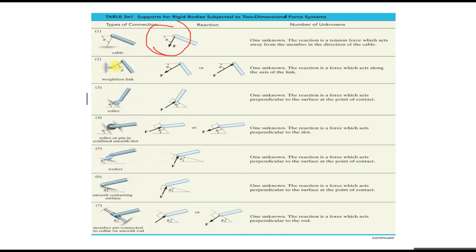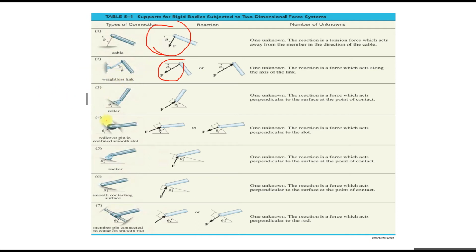If we have a weightless link, it is almost the same as the cable, with the force acting either towards the support or away from the support.